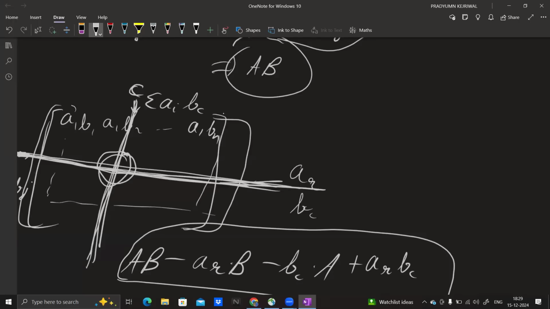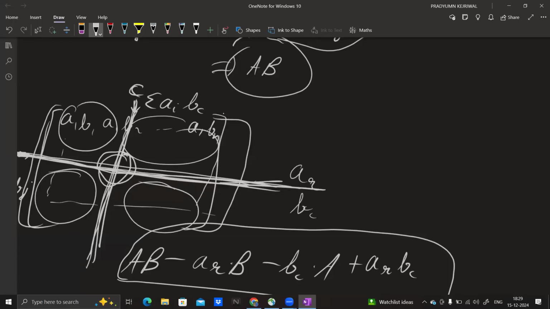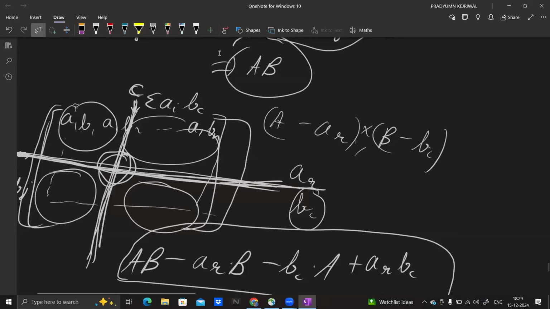So all the remaining elements are still there. If the array didn't have AR originally, then its sum would be A minus AR. And if array B didn't have BC, then its sum would be B minus BC. So the sum of that matrix, the beauty, would be its multiplication. So that's also another way to think about it, right?